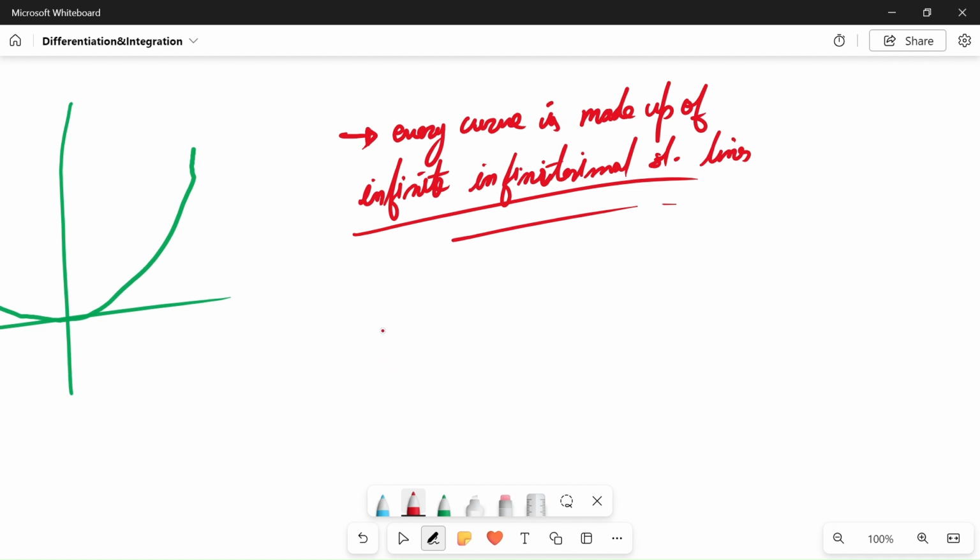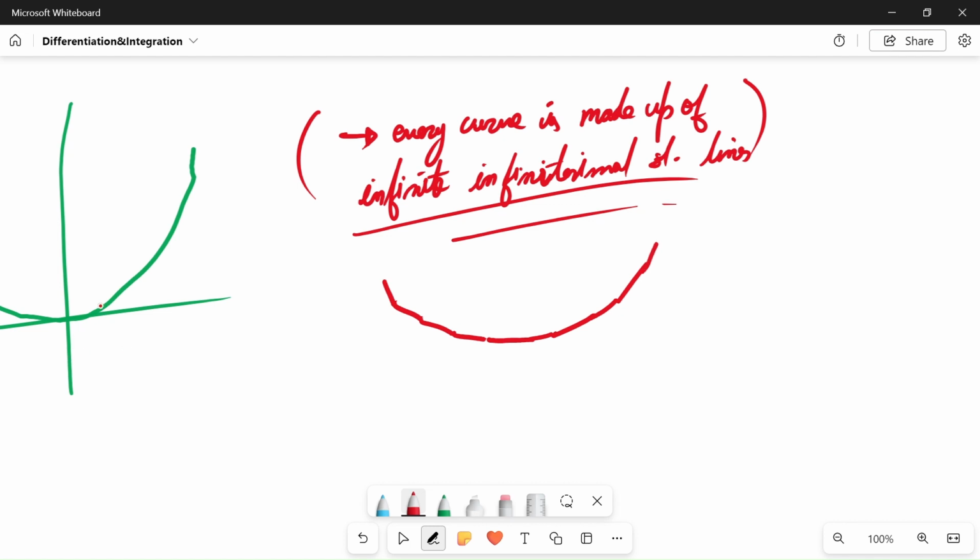So let me take my time to discuss this statement. The thing that I'm trying to focus on is that if you zoom onto any curve, then what you'll find at a very zoomed in scale is that every curve is just made up of a set of straight lines.